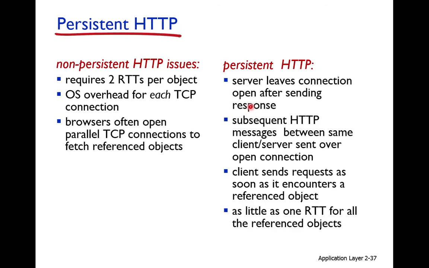When the TCP connection is established and the HTTP request and response are sent, the connection is not closed. It remains open, and subsequent HTTP messages can be sent on the same open connection. So the client can send a request as soon as it encounters a referenced object. It needs how much time? One RTT for all the referenced objects.